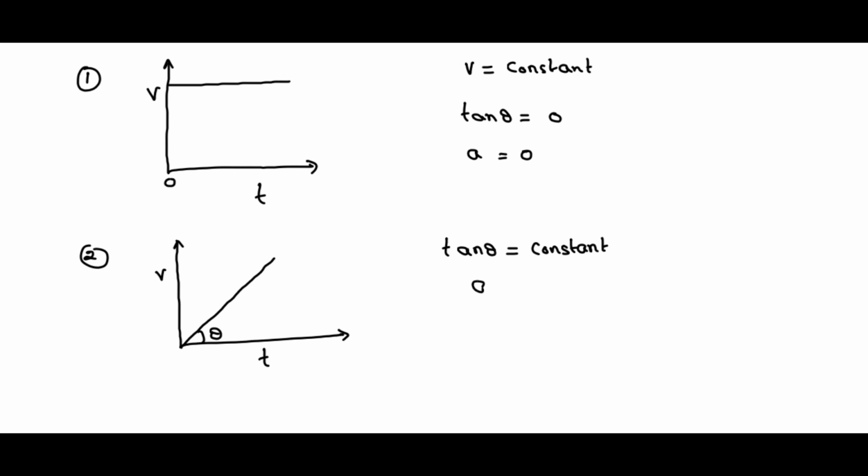That means acceleration is constant, and we can say this is nothing but uniformly accelerated motion. The body is moving with uniformly accelerated motion. We have the equations of motion for uniformly accelerated motion.